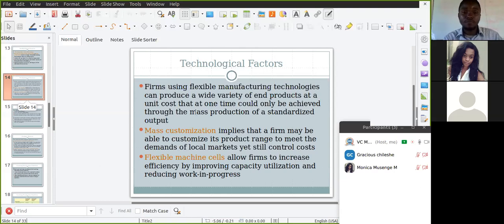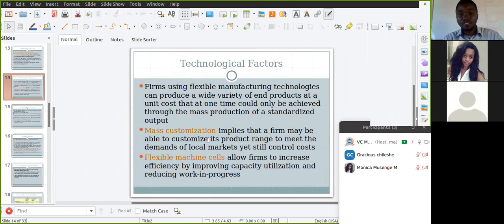So this point simply means that now if your technology is flexible, you'll be able to adjust the qualities which your customers want to see, without any stress or employing other external machineries or technologies in order to do that.